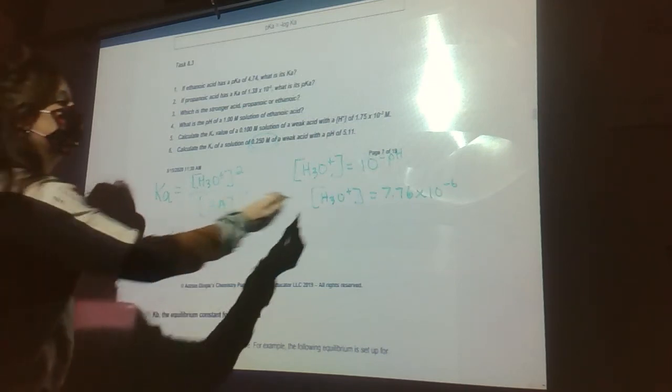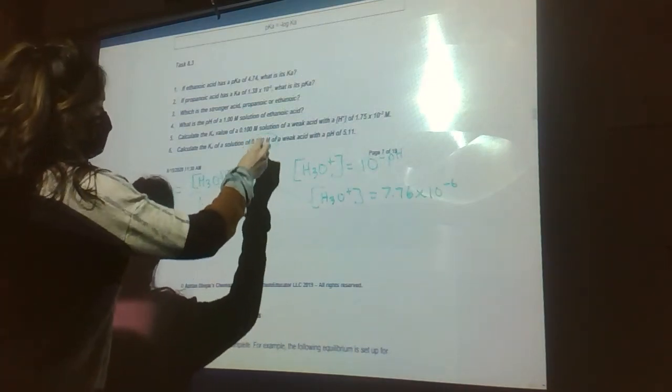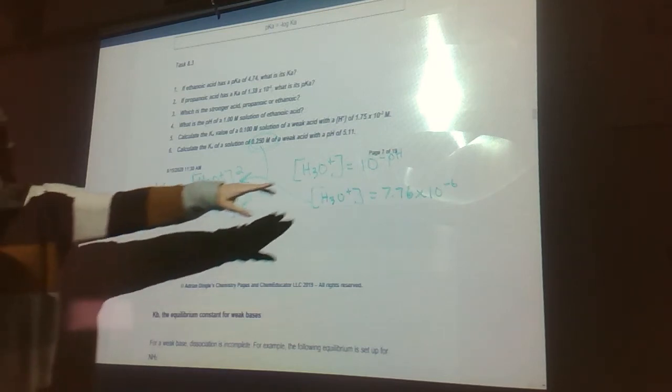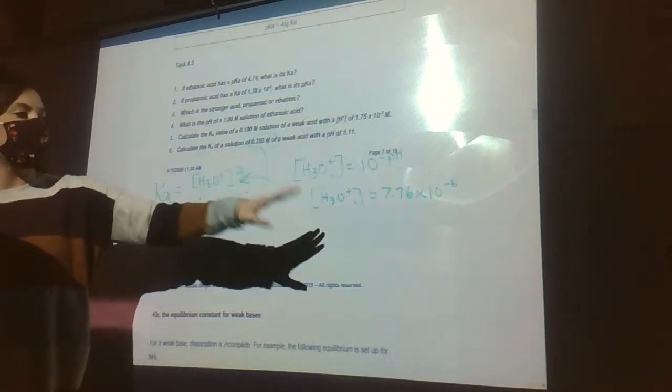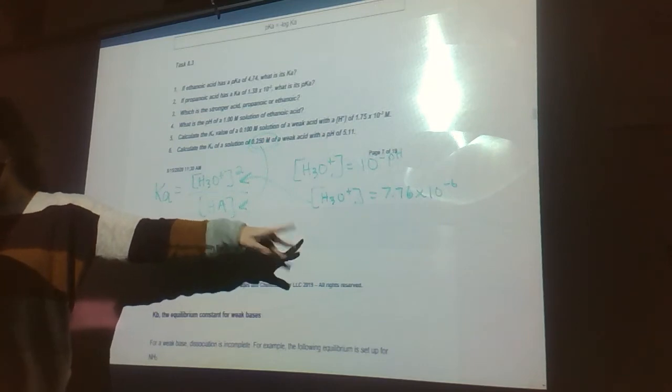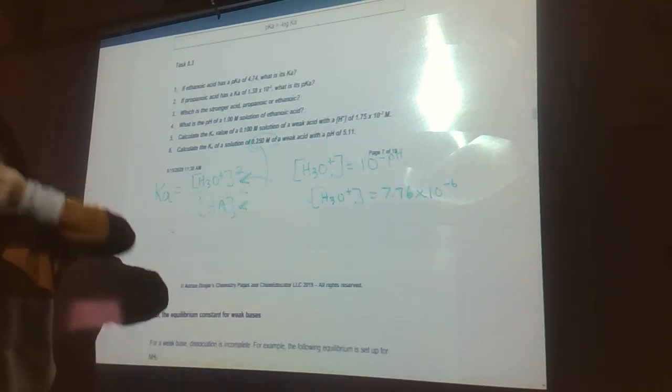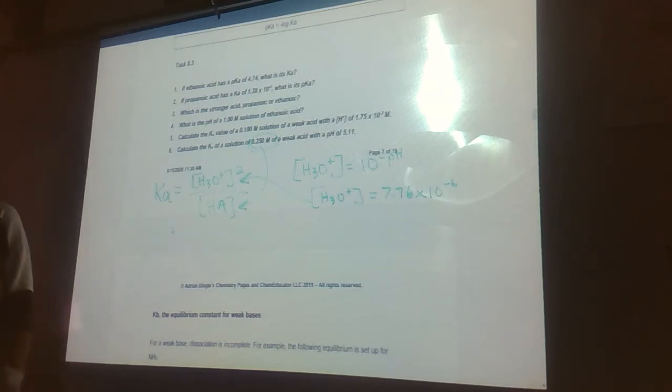And then I could plug this in here, and this in here, and I could find the Ka. This is going to be important. Remember, if you're given the pH, you can find the hydronium concentration by going backwards. And you're going to need that maybe for your ice tables.